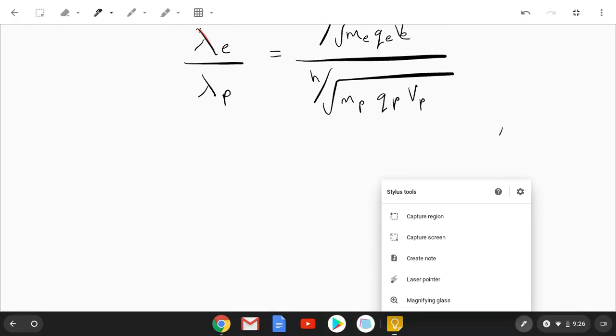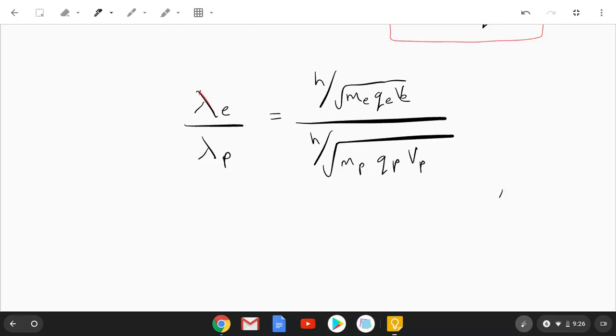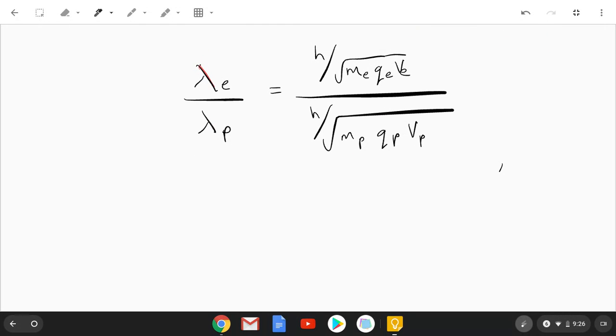And we know that from the question I asked that the voltage was the same, the charges are essentially the same. Planck's constant is Planck's constant. So what we've got is here the mass of the electron and proton define the wavelength, and what you'll end up with, most of these variables cancel, and it's the wavelength of the electron over the wavelength of the proton is equal to the mass of the proton over the mass of the electron, all square rooted.